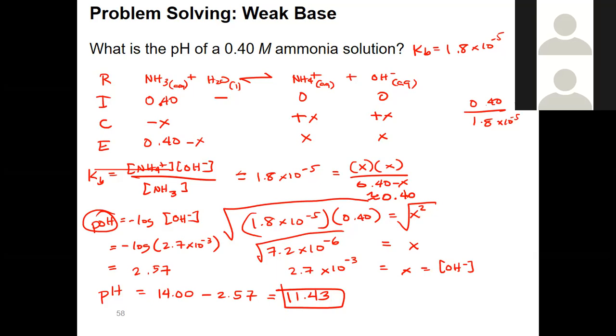Sir, yung 0.40 over 1.8 times 10 raised to negative 5, applicable din po yan sa Ka. Yeah. It's initial concentration divided by Ka or initial concentration divided by Kb. Kapag more than 1,000 yung ratio na yun, ibig sabihin you can make the approximation of dropping the X. So, gamitin mo na lang yung initial concentration doon.